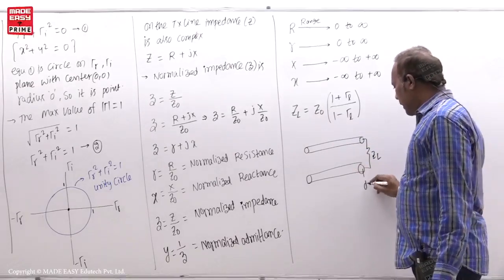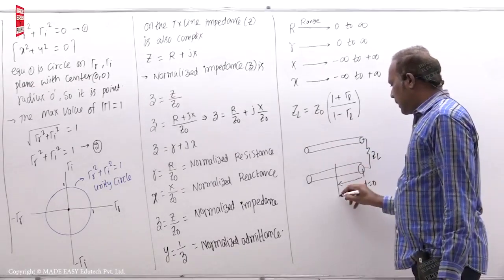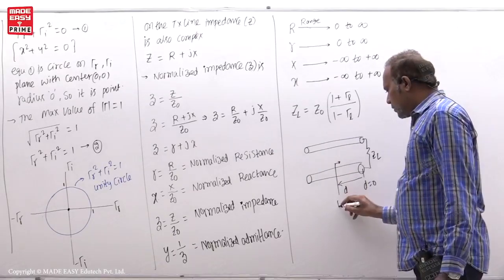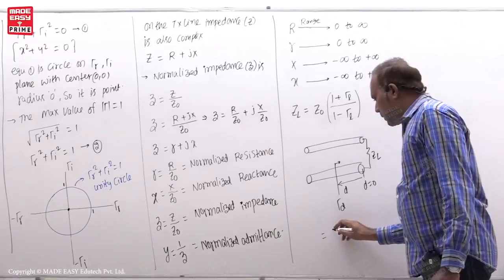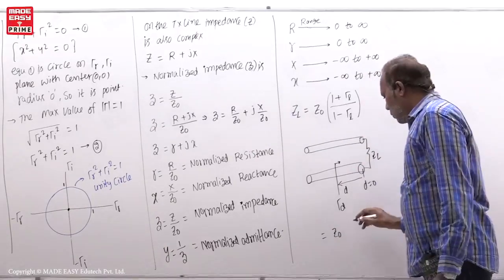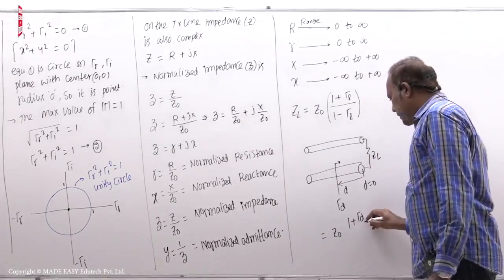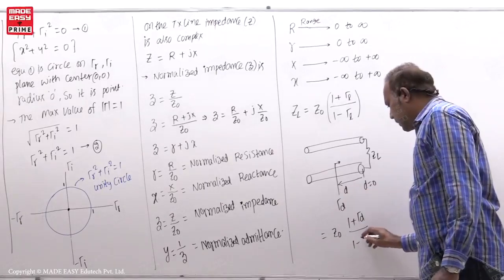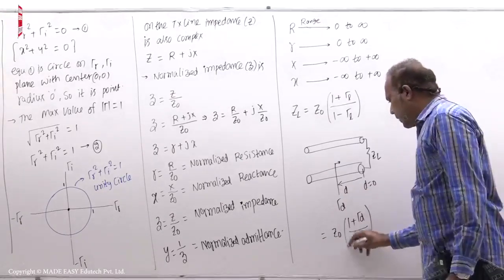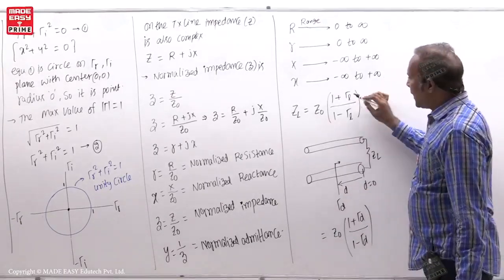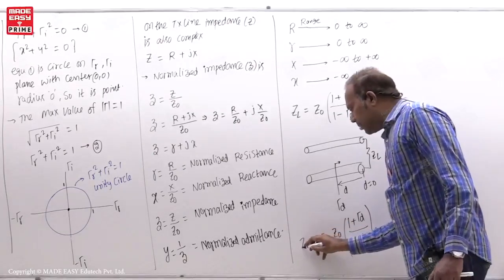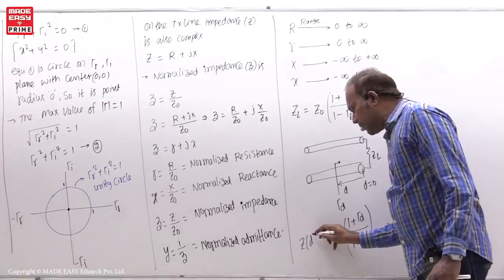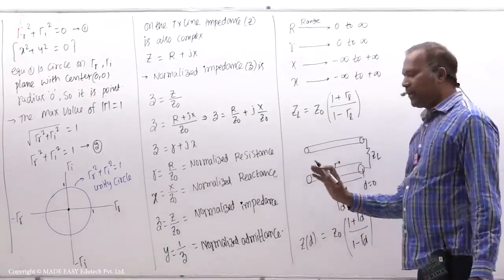In the same formula, if at D distance the reflection coefficient is gamma D, then Z naught into 1 plus gamma D gives impedance at D distance.